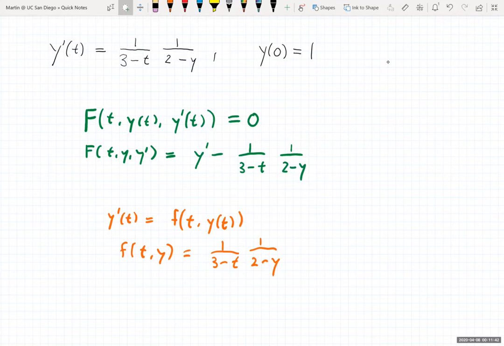Also, I would like to bring to attention that this ordinary differential equation is separable. So if you remember this from your calculus classes, you might actually remember the separation of variables technique, which allows you to explicitly solve this initial value problem.